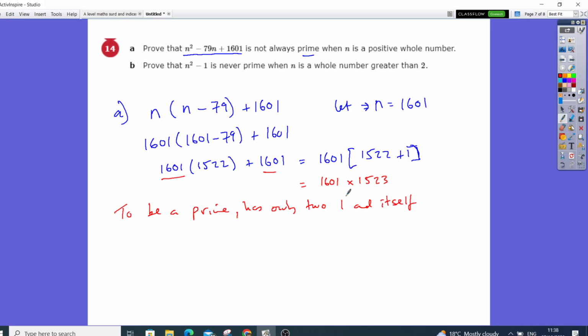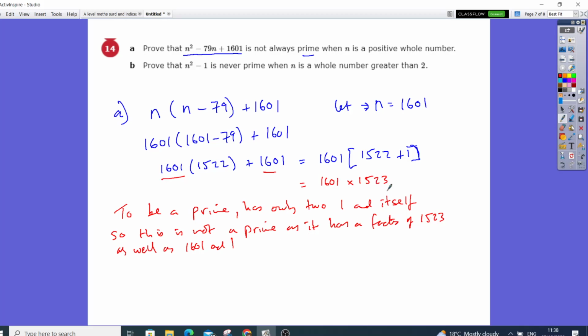Okay, so this is not a prime as it has a factor of 1523 as well as 1601 and 1.